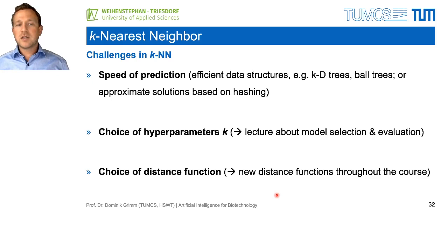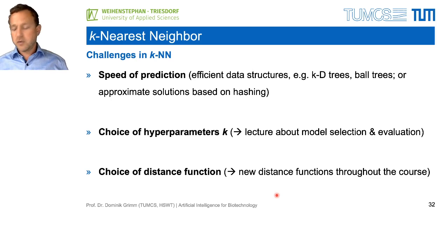Another challenge is, how do we choose the hyperparameter k? Should k be small, should k be large? How do we select k? This we will learn in the next lecture. And it depends very much on the choice of our distance function, and this is something we also have to carefully select when we do predictions. Which distance measure makes sense for my data?